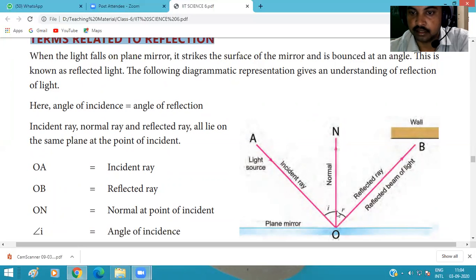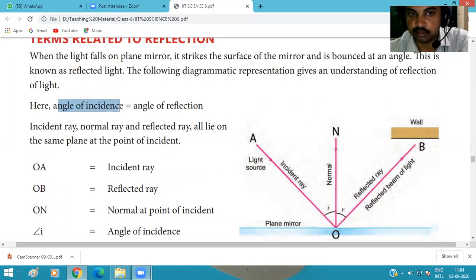This angle is equal to the angle the reflected ray forms with the normal. So these are some important terms.